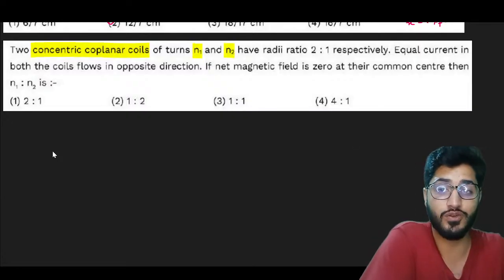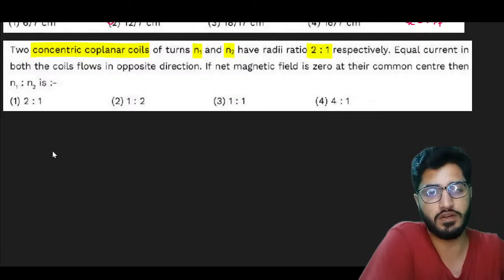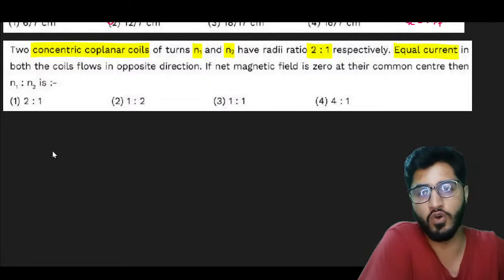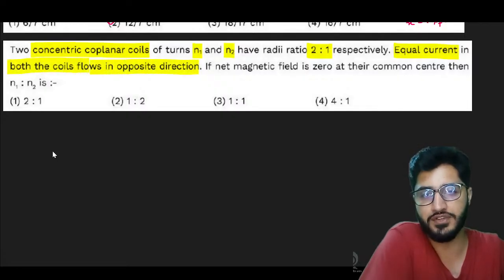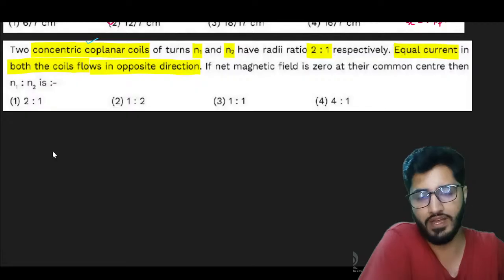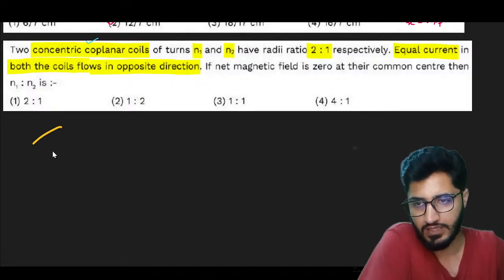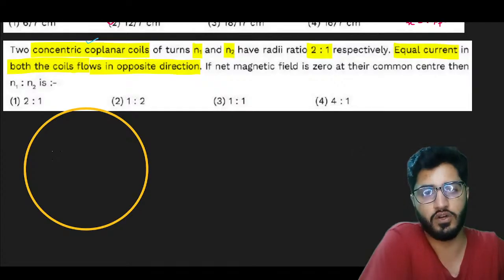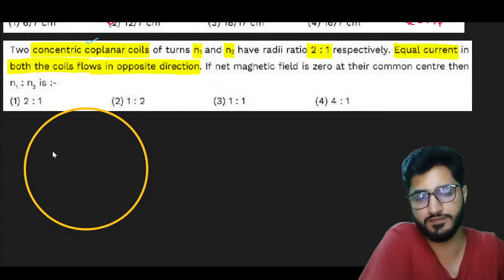Radius ratio is 2:1, that means R1 by R2. Equal current in both the coils, in opposite direction. Two concentric coplanar coils means we are having coils in such a way that their centers coincide. Okay, no issue.